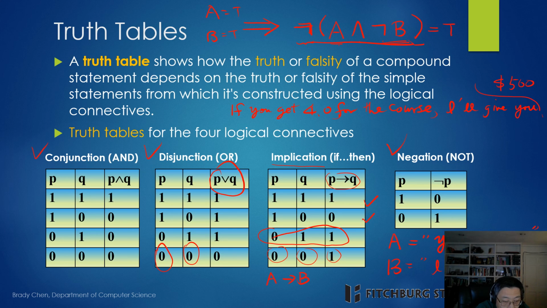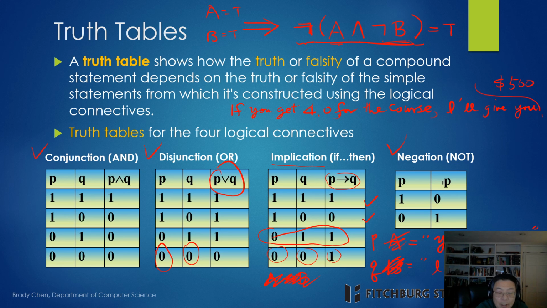Now, to make it simple, let's say P instead of A, because I want to be consistent with this truth table. So P is "you get 4.0", and if the value for P is true, that means you get 4.0.